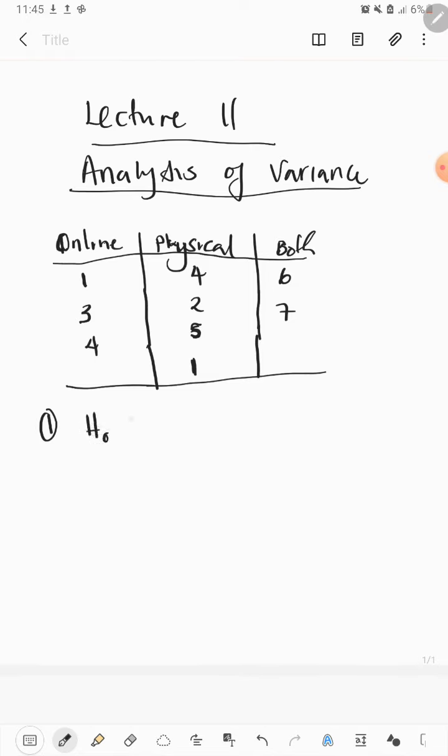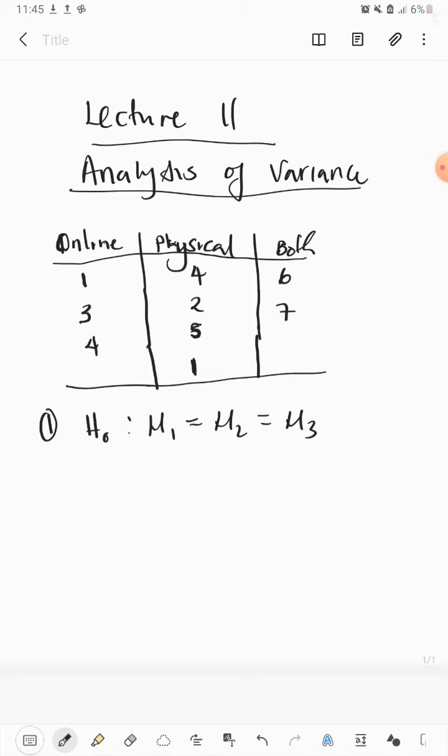For the null hypothesis, we say mu1, for teaching method 1, is equal to mu2, which is also equal to mu3, because we have 3 teaching methods. It is always like this. If you had 4 populations, you add is equal to mu4, and so on up to the number of populations that you have.